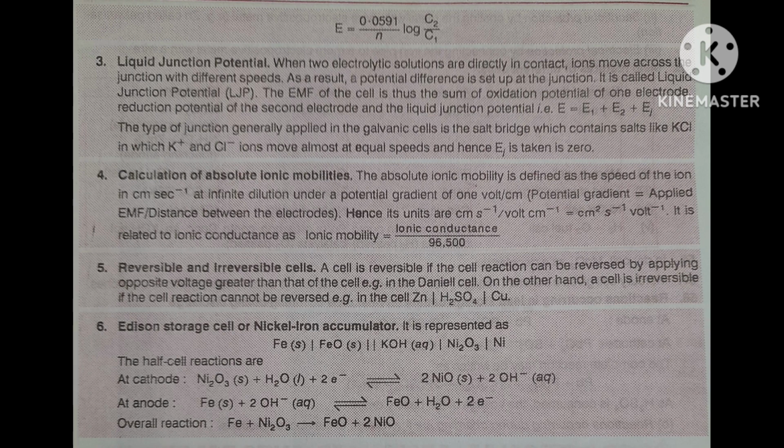Two things you have to consider. That is the speed, and the unit for speed is centimeter per second. Speed divided by potential gradient is actually absolute ionic mobility. Potential gradient means volt per centimeter. So you write the units of both speed and potential gradient: centimeter per second divided by volt per centimeter.